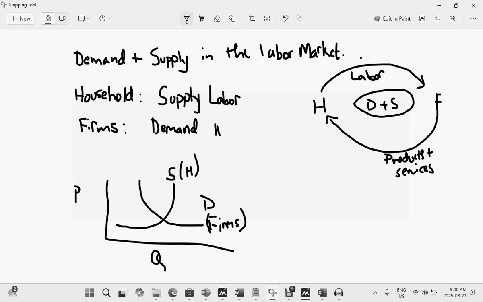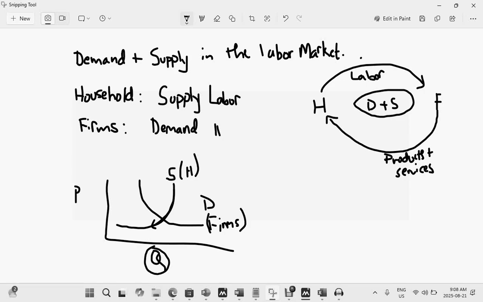More workers are willing to work at higher wages. As the wages go down, fewer workers are willing to work at lower wages, as a result of which quantity of labor supplied is low. So supply is reduced. This is movement along the curve towards the left.